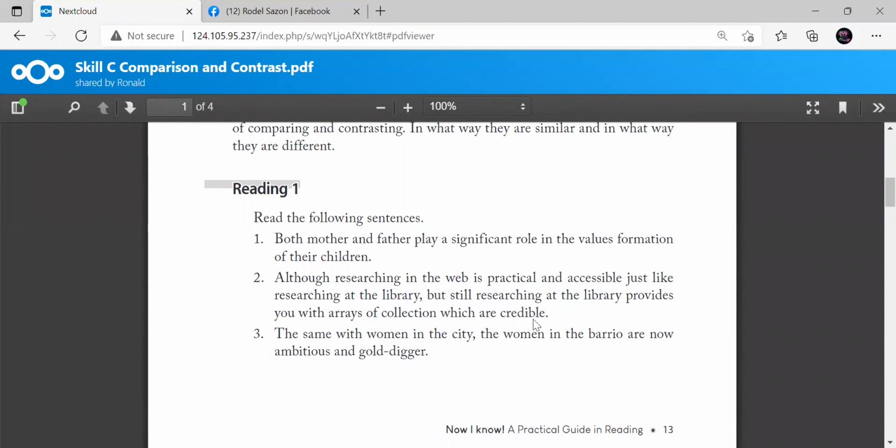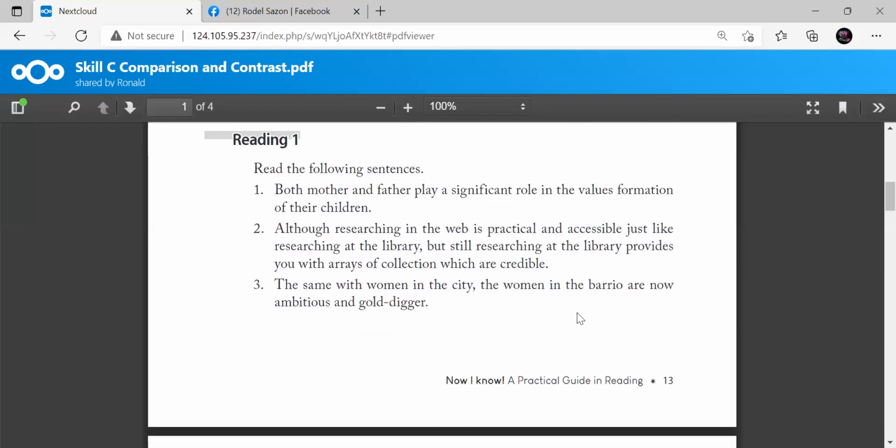Collection which are credible. But still, the library provides you with reliability. That is the area being compared. So, for example, price and type of food are areas of comparison.